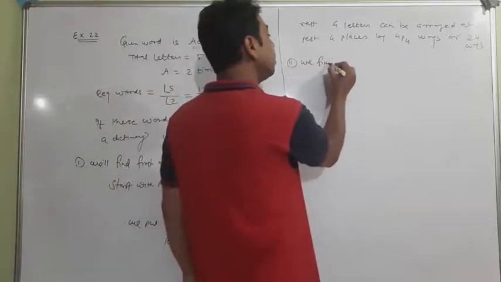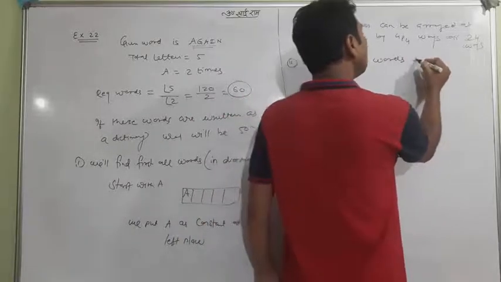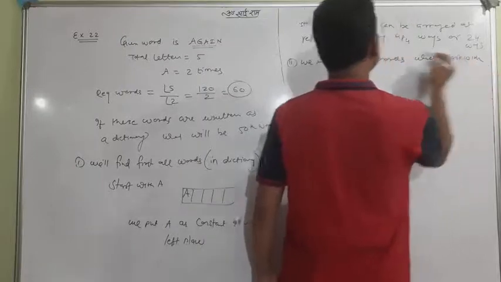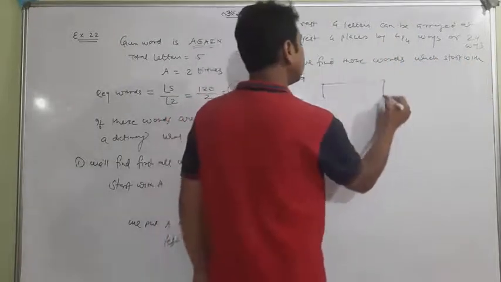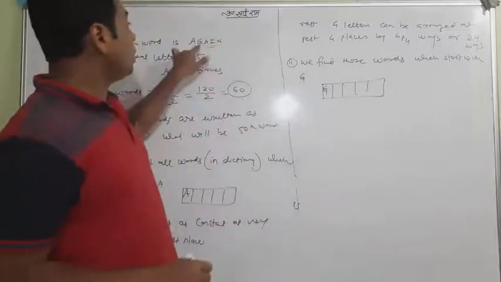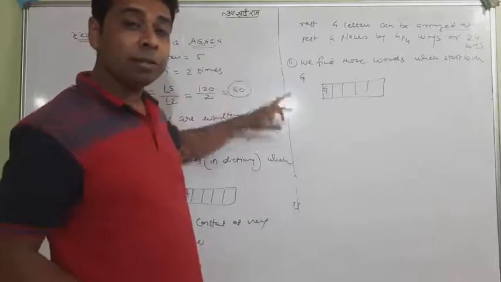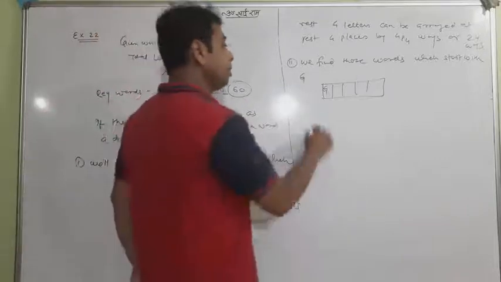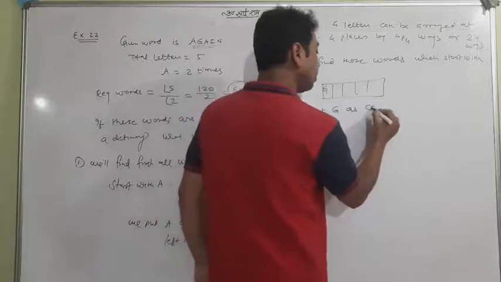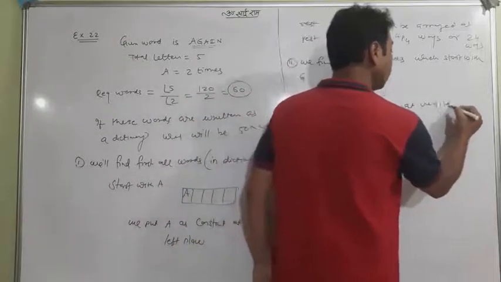We find those words now which start with G. Look at this. If G is the constant in the first place, how many letters? A-I-N, where A is twice, you understand? Now we put G as constant at the very left place.